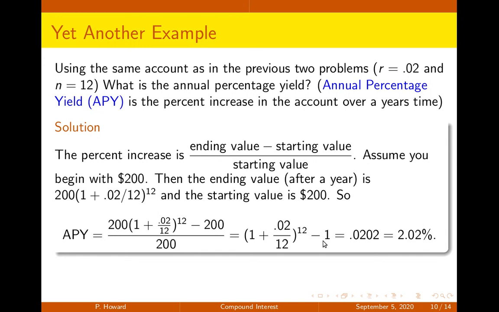If I do the calculation, I get 0.0202 or 2.02%. The annual percentage yield, the actual amount by which the account increases over a year's time, is 2.02%.